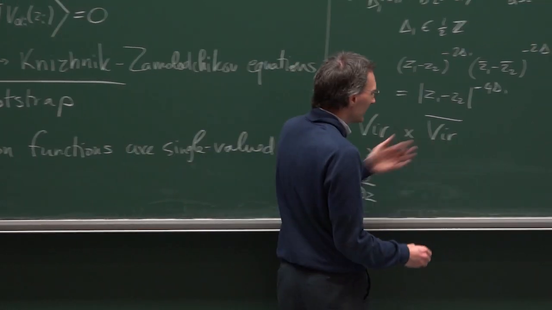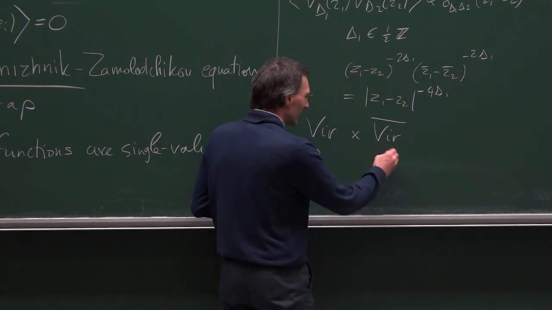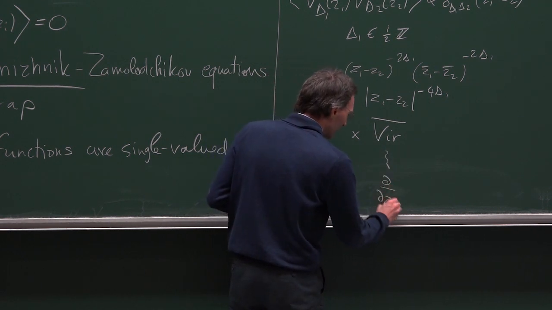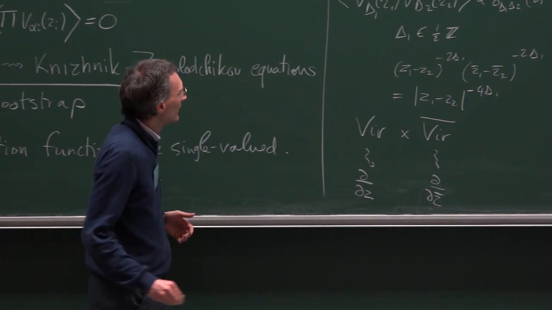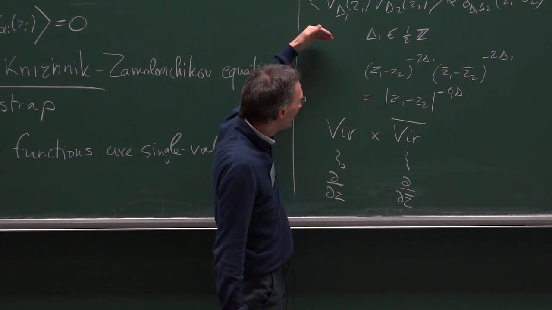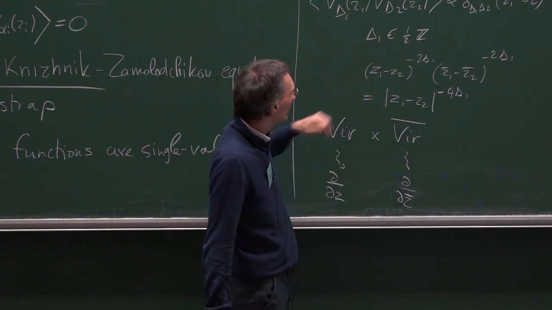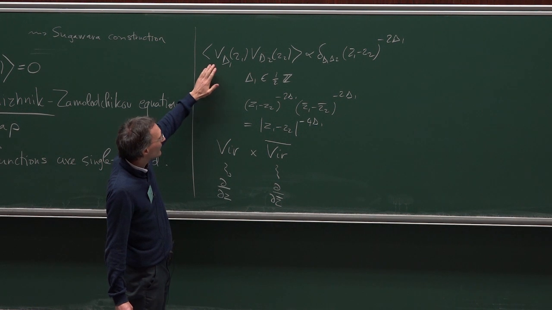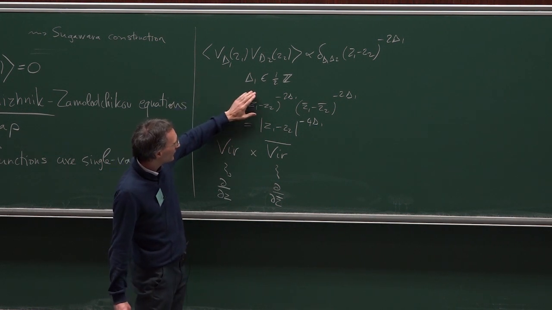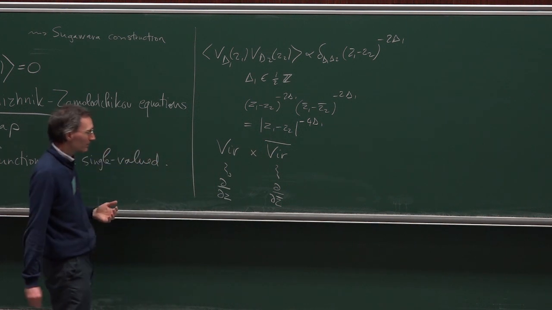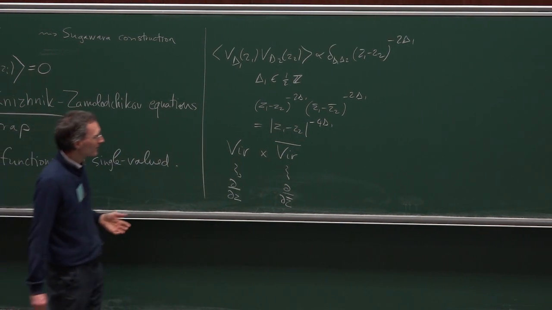And the right-moving Virasoro algebra would give exactly the same equations, but with z replaced by z bar. Now, if I'm assuming that these fields are primary fields with respect to both left and right algebras, and they have the same dimension on the left and on the right, then indeed their two-point function looks like this, and I can have arbitrary conformal dimensions.